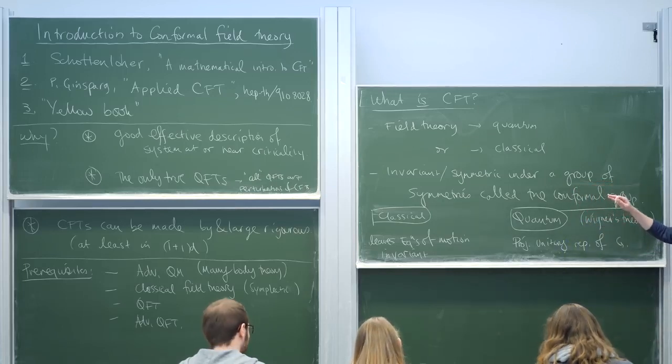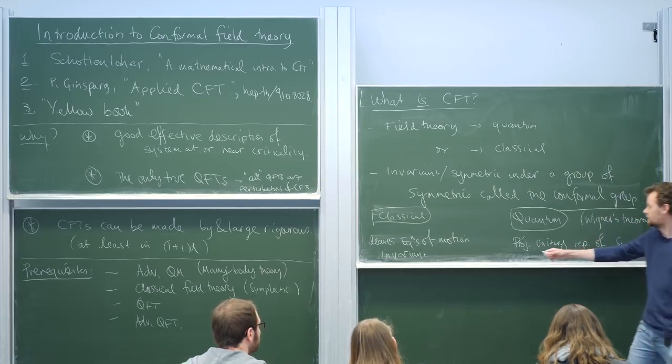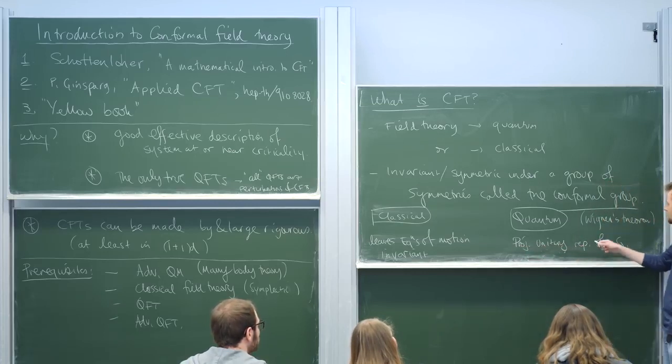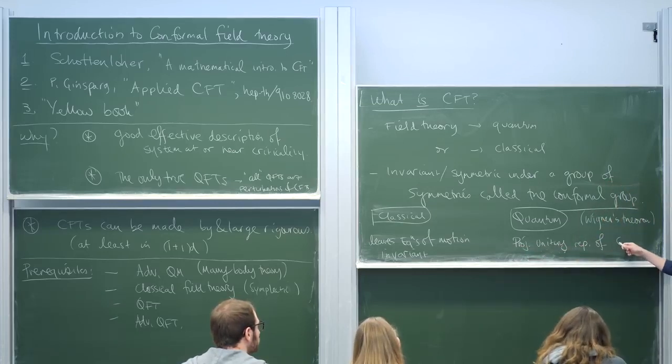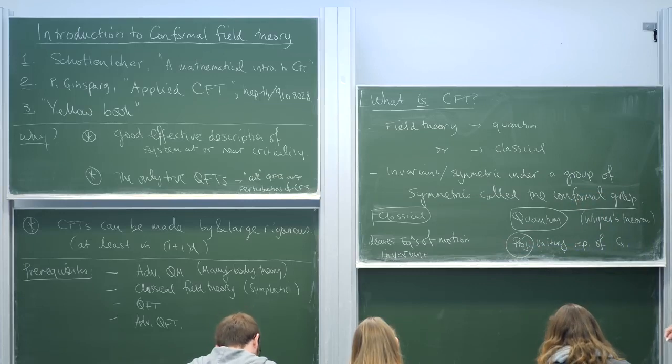So a quantum theory is symmetric under a group G if it yields a so-called projective unitary representation of the group G. So it's important to stress that word, projective. That's going to play a really crucial role in our discussion of conformal field theory.